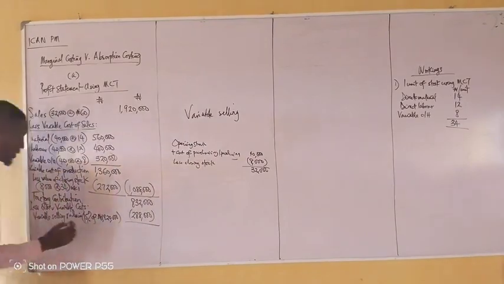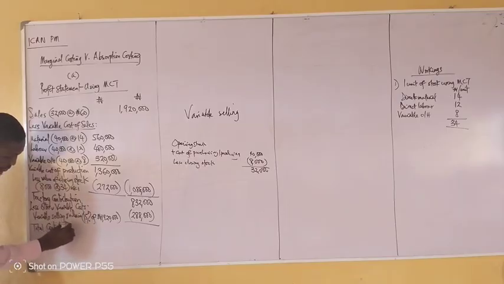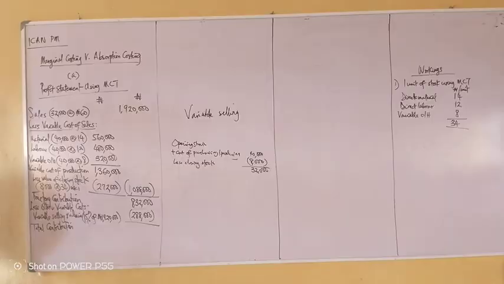Deduct this. Is there any other variable cost? No other variable cost. So this becomes our total contribution, 544,000.